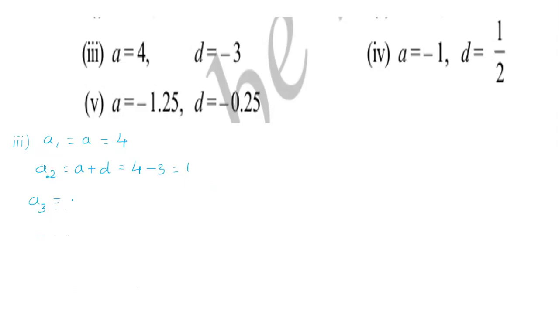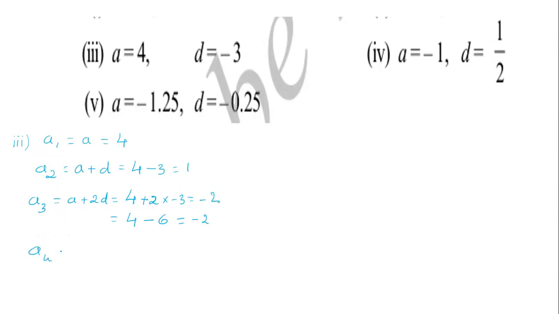A3 is equal to A plus 2D, 4 plus 2 into minus 3, this is 4 minus 6, equal to minus 2.